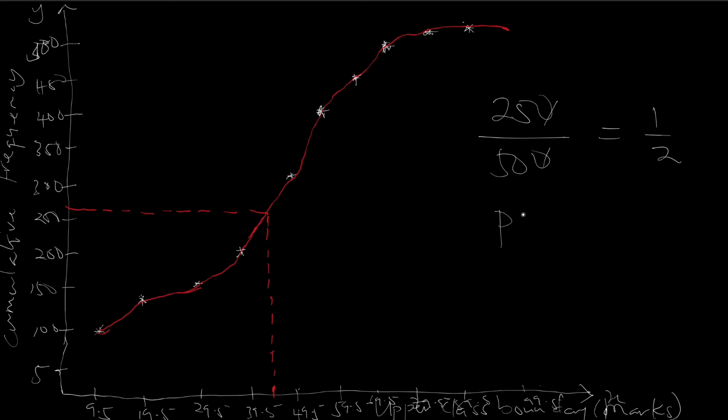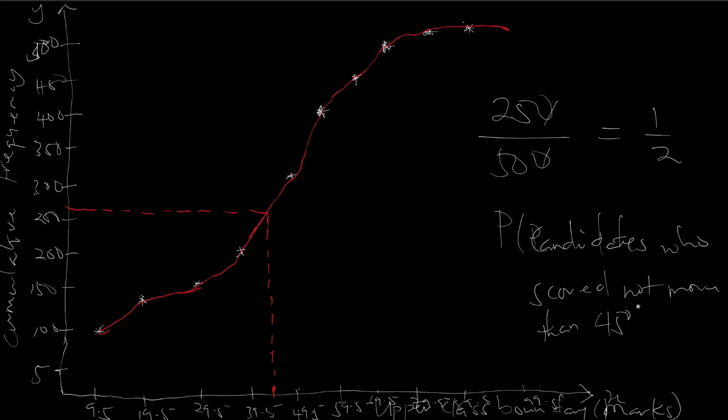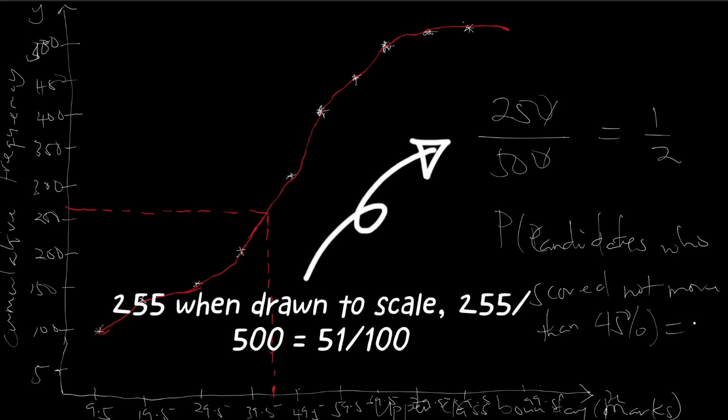So the probability of candidates who scored not more than 45% is equal to 1/2. All right. So that brings us to the end of question 10. So we move on to question 11.